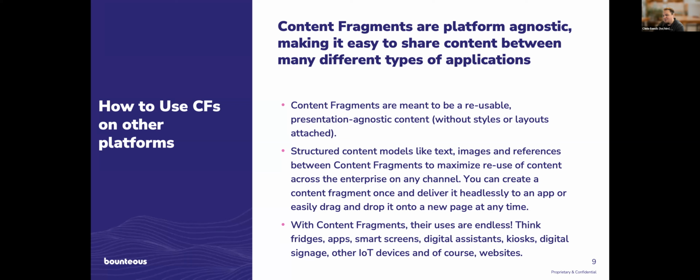So content fragments are platform agnostic, making it easy to share content between the different types of applications, so you don't necessarily have to use it on a website. They're meant to be reusable. They're presentation agnostic, so without any styles or layouts attached. So once you remove the presentation from the data, you can pretty much do anything you'd like with it.